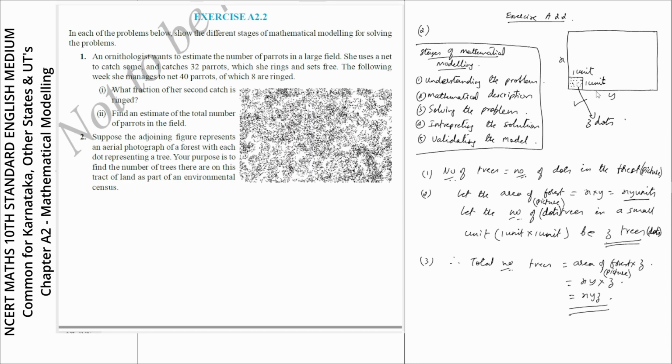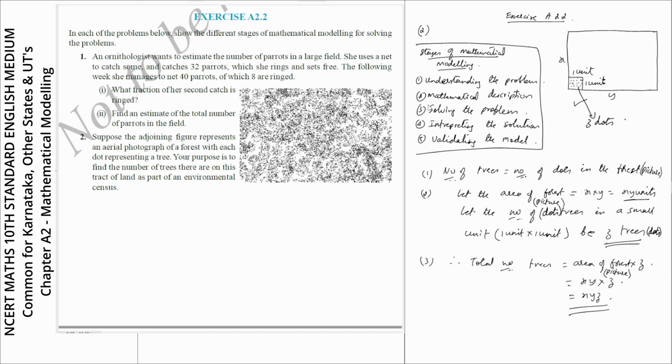So instead we can count the number of dots in one small area like this. Let us say Z is the number of dots in this small area, and if you multiply this Z by the total area of this picture, we get the total number of dots in this picture and hence the total number of trees in the forest.